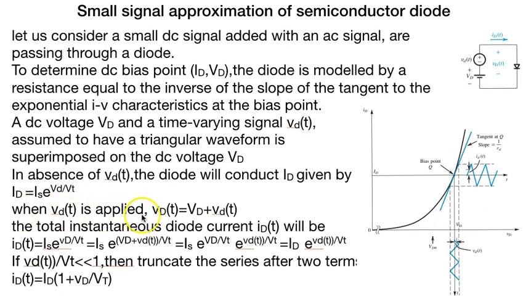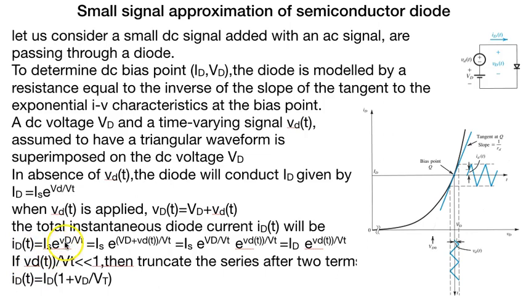When v_d(t) is applied, then the voltage is V_D plus v_d(t). That means both the signals are present. Now we add these signals in the power part of the exponential, and we get this, that you can see the time varying diode current.